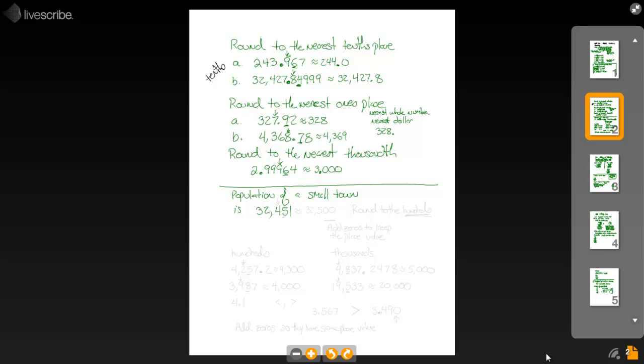It's not that small actually, but you're driving by a town and it has 32,451 people. They don't usually make signs that go right up to the nearest person for their population sign. It'd be kind of silly. So depending on the size of their town, they have to round. A possibility on this one would be to round to the hundreds place. And the reason I'm bringing this up is there's no TH.